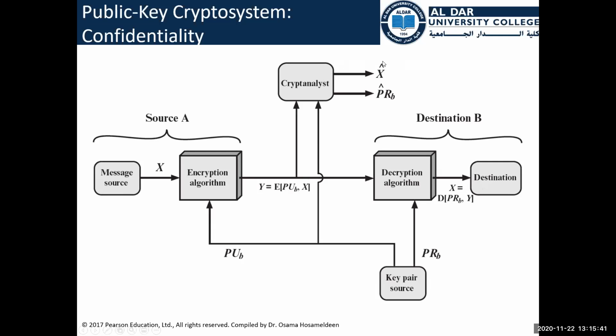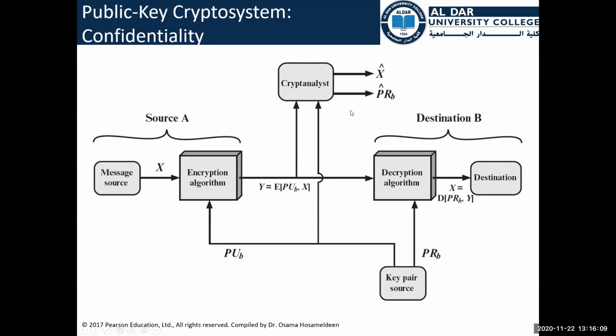But he is not only talking about what he can see. He wants to have the plain text of the encrypted text here. And also he wants to guess the private key given the public key.